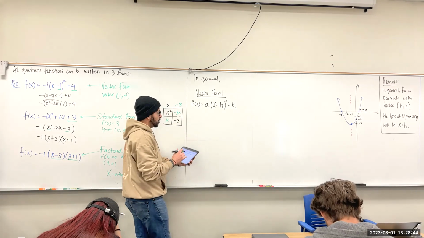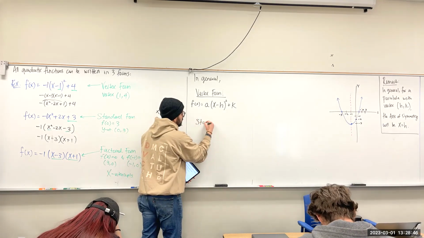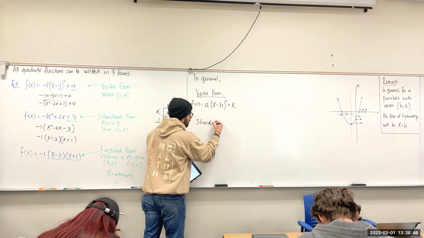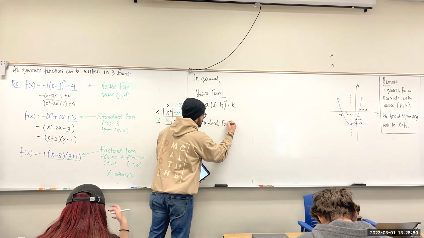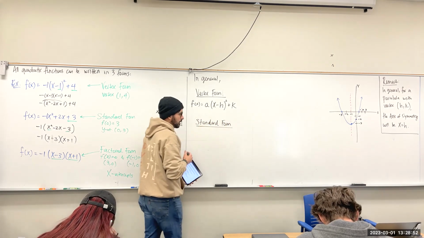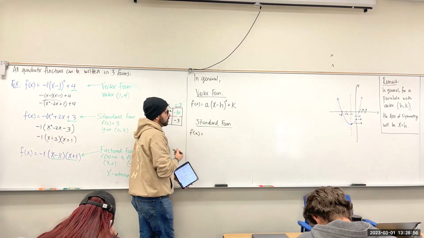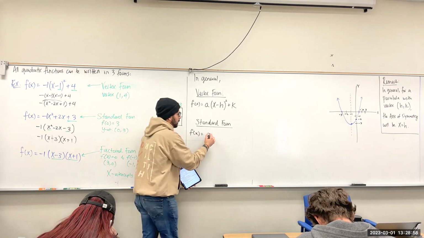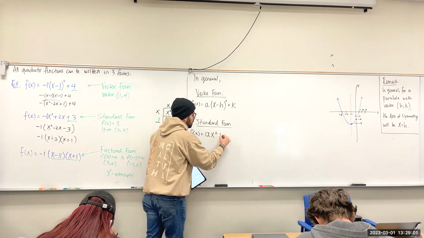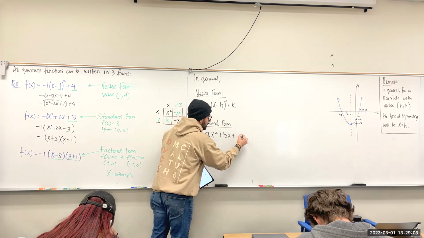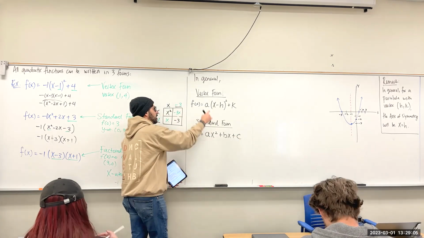We'll write all this out in a little bit, but right now, I just want to give you guys the standard form. A is that leading coefficient, right? A is going to be the same A that I write in all 3 of these. So in standard form, it looks like this: ax squared plus bx plus c, where that A is the same A as this one.